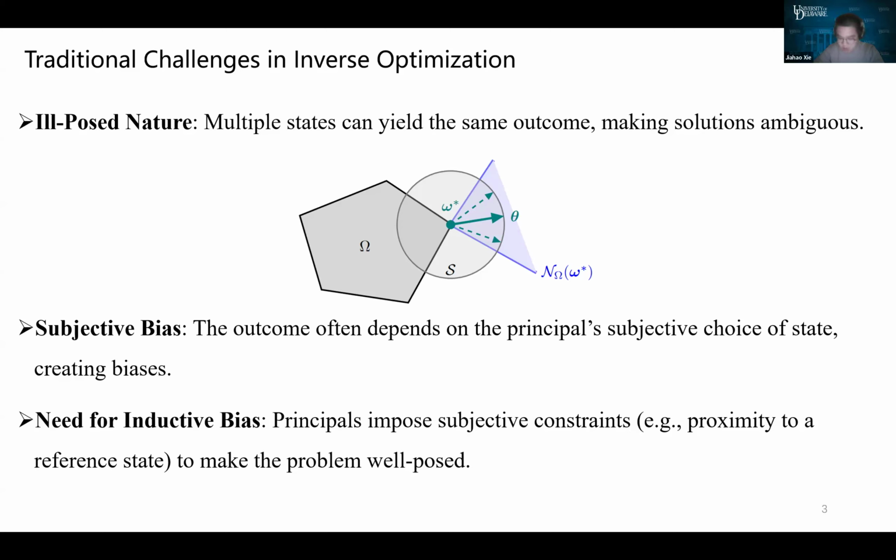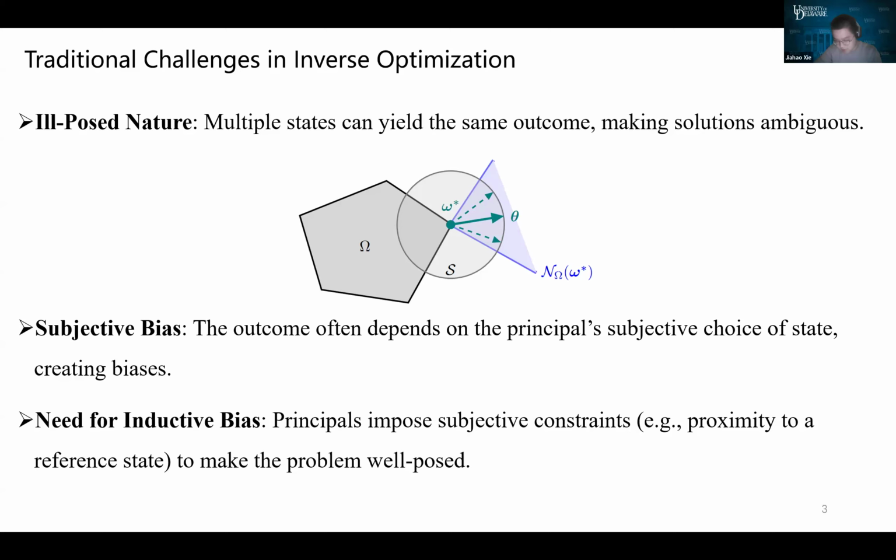This principal may have specific goals or preferences, which can introduce a lot of bias into the outcome. For example, they might choose parameters that are close to a reference state that they prefer, which could lead to biased or unfair results. Finally, there exists the issue of inductive bias.